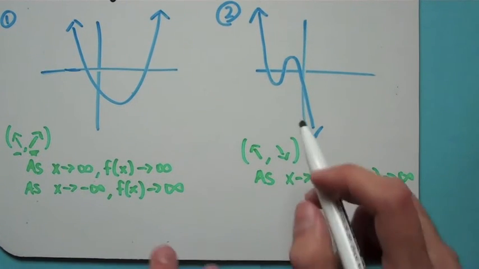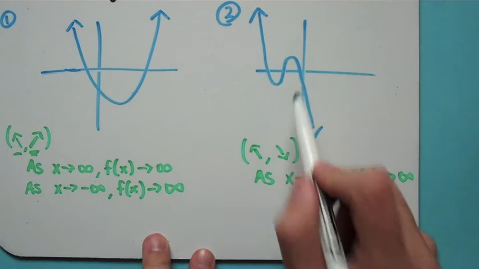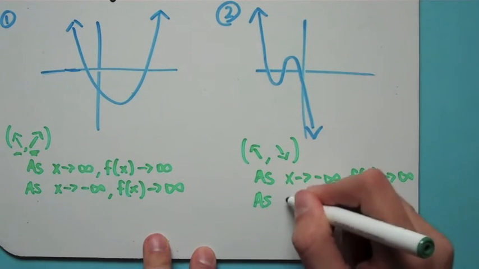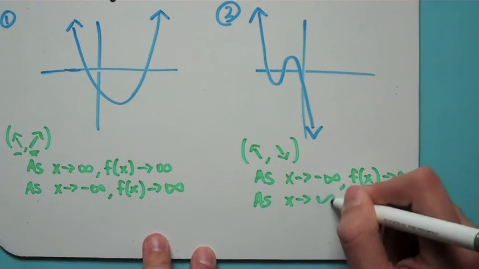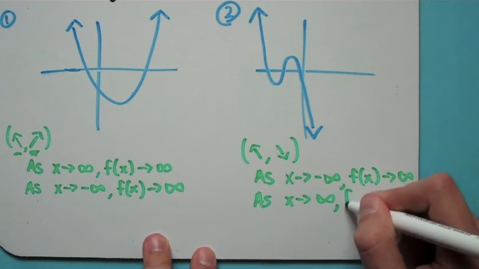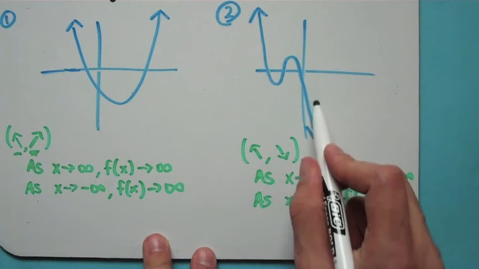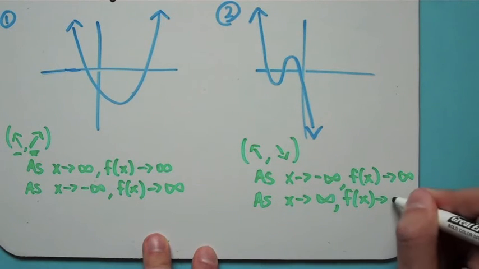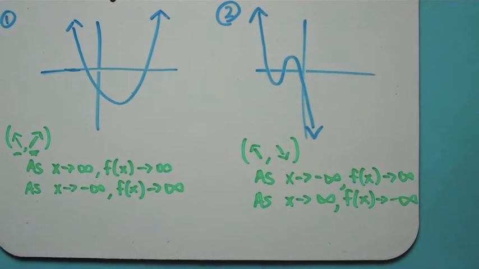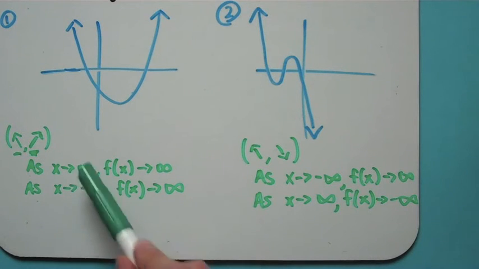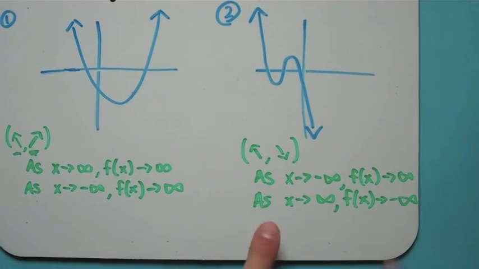On the second part here, as x approaches positive infinity, f of x is going to approach negative infinity, because as we go to the right, the graph goes down. All you're doing, the only way the end behavior is going to change is whether you put a positive or negative infinity. The setup is the same for all of them. You just change according to whether it goes up, down, left, or right.